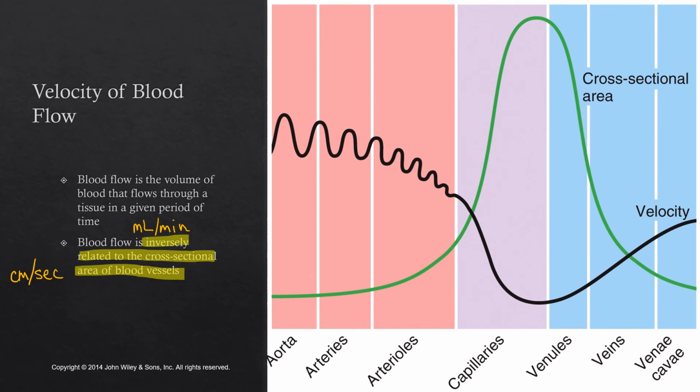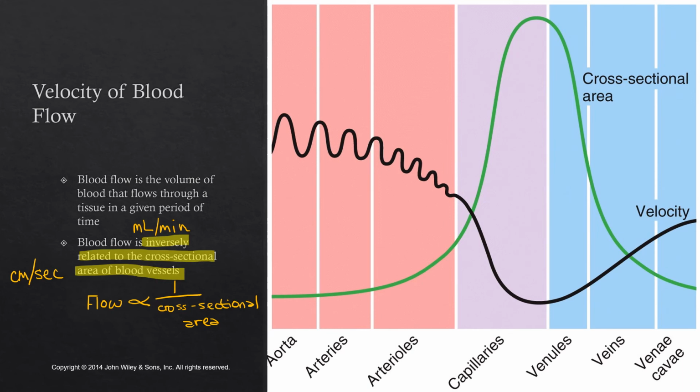If we put that in an equation, velocity is proportional to 1 over the cross-sectional area. So what that means is the higher the cross-sectional area, the lower the velocity is.